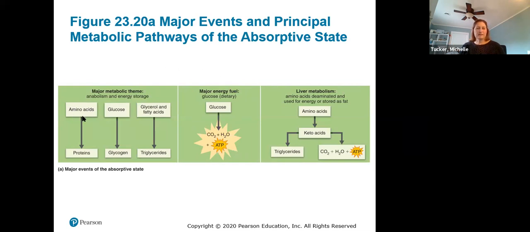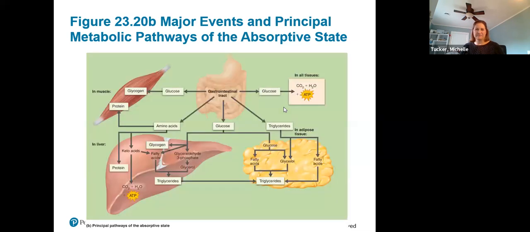For amino acids, it's anabolism over catabolism, so we're going to form proteins. Glucose is going to be stored as glycogen, and glycerol and fatty acids will be stored as triglycerides. And like I said, the liver has its own section, so we'll get there. This slide says that in the GI tract, we absorb glucose, amino acids, and triglycerides.